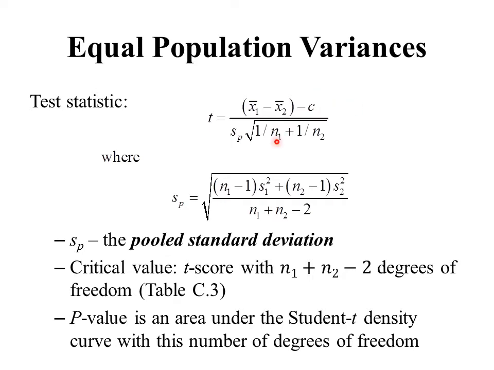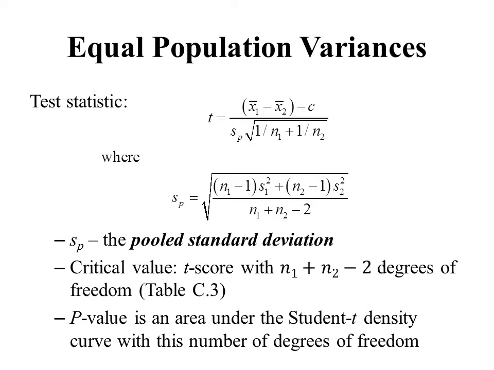In the denominator, we have this quantity sp, which is calculated according to this formula right here. S1 is the first sample standard deviation, S2 is our second sample standard deviation, and S sub p is called the pooled standard deviation. Remember that word pooled because we're going to see that again when we get to the calculators.